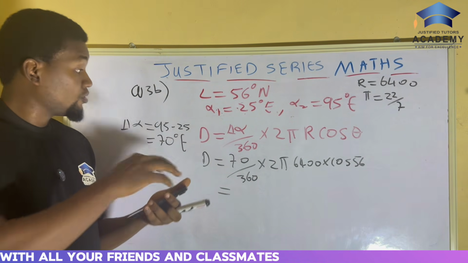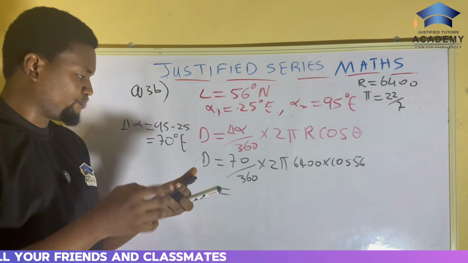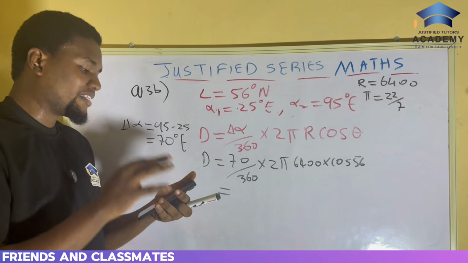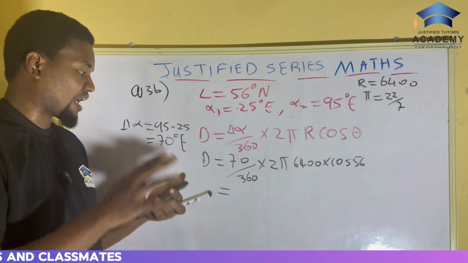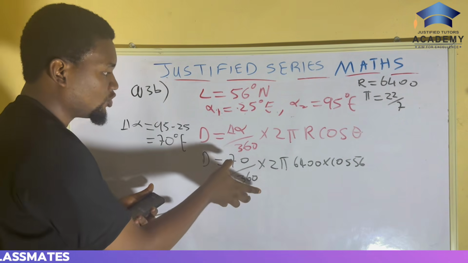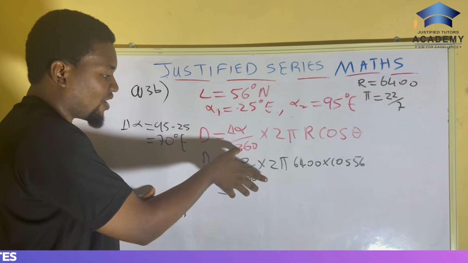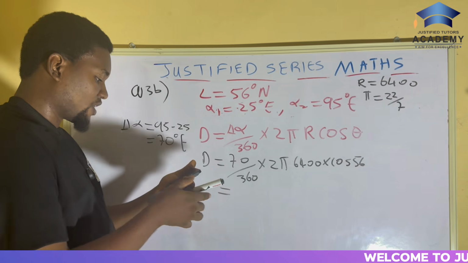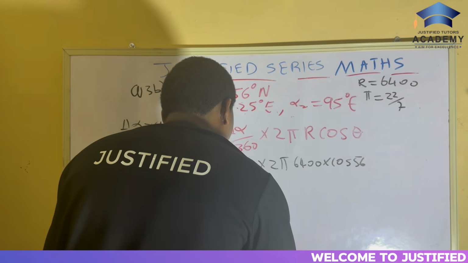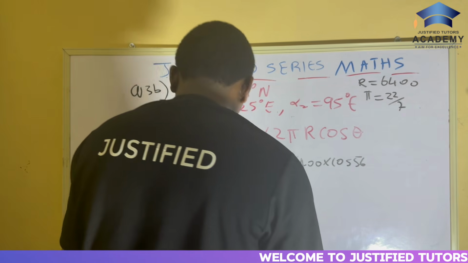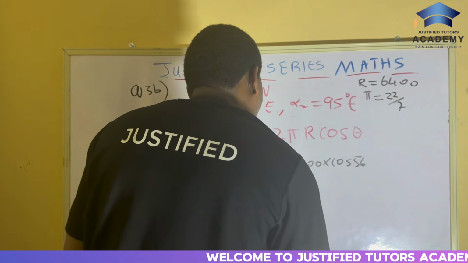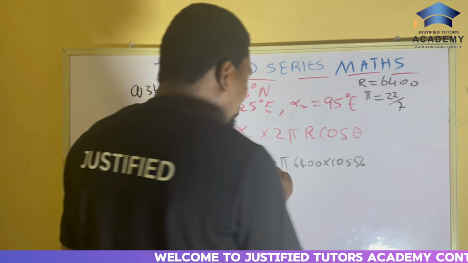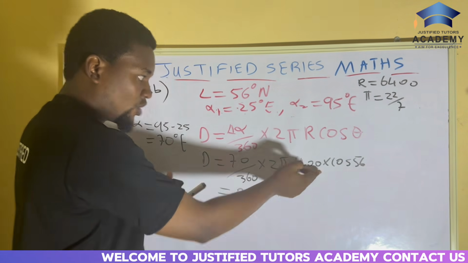Let me even press it on my calculator myself. Let me teach you how to press this on the calculator. The first thing you do is you find 70 over 360. So that's 70 divided by 360. That'll give us 0.194. Times your 2 pi 6,400, you multiply this one.